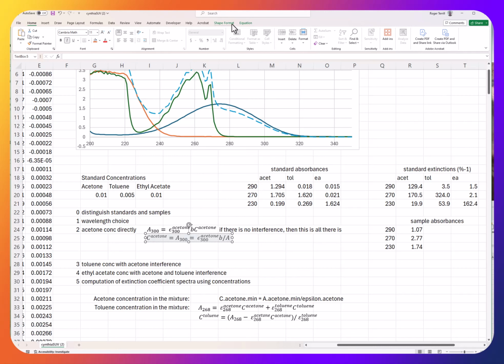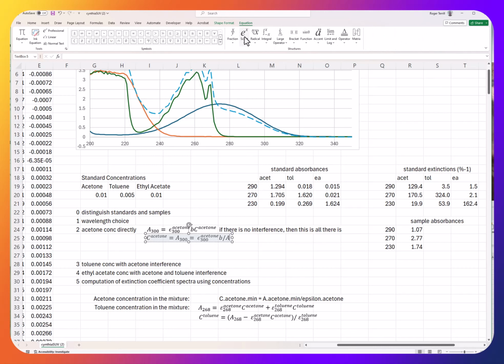I've got to get my equation editor here. A300.